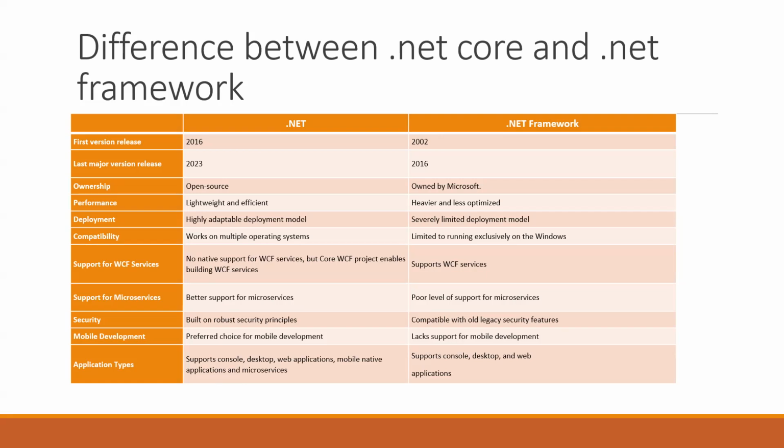But .NET Framework does not have the same level of support for microservices. While it can support microservices, it might demand the use of extra tools and frameworks to attain the same degree of flexibility and scalability as .NET. So these are the limitations of .NET Framework for creating microservices.